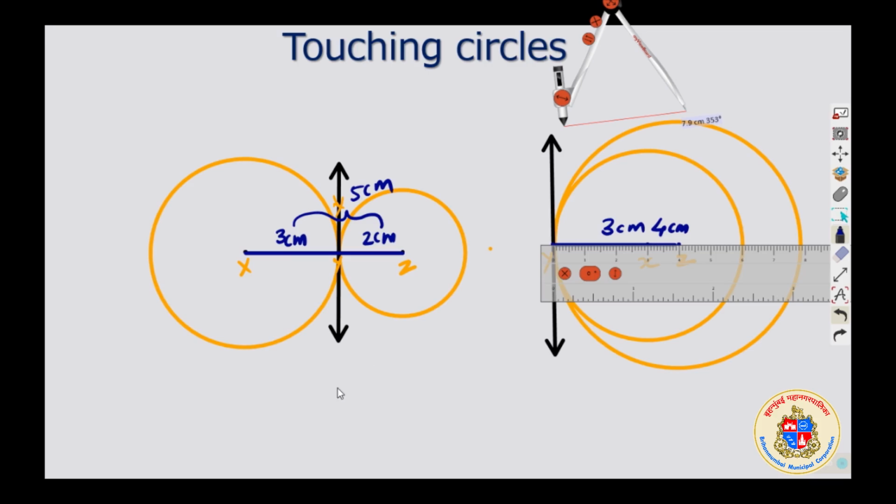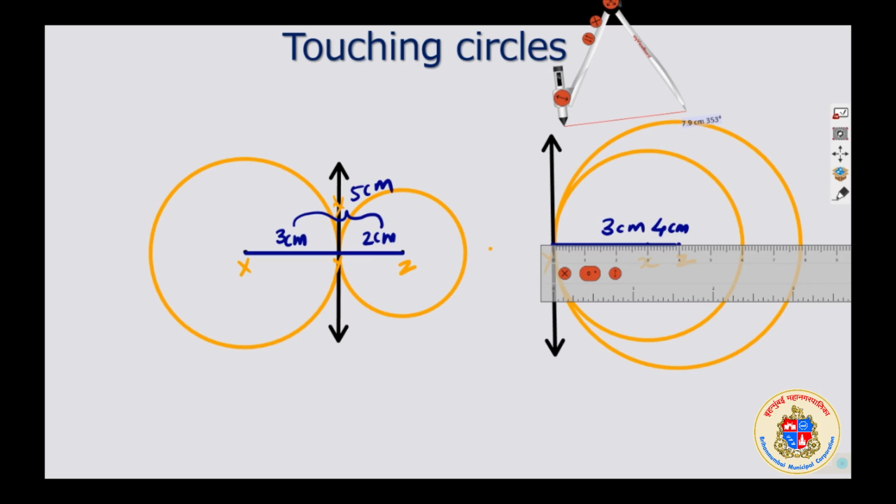Now, if you think about the distance between the center of these two touching circles, two touching circles are there, and I am trying to find out there is a point of contact also. Now, when measuring the distance between the center of these circles, we can see a peculiarity.